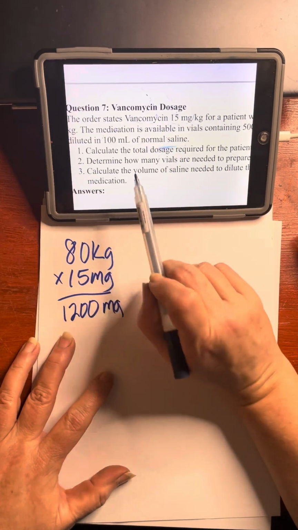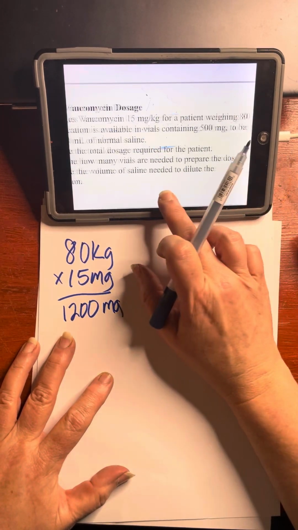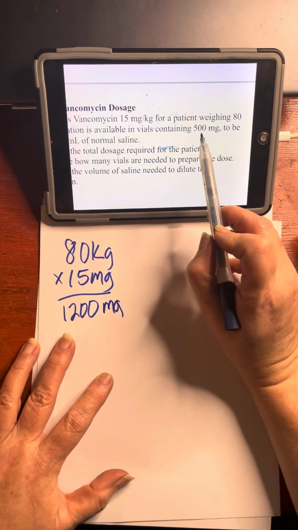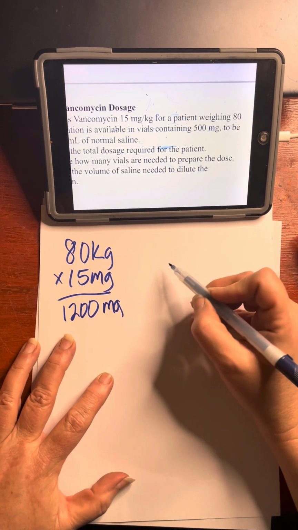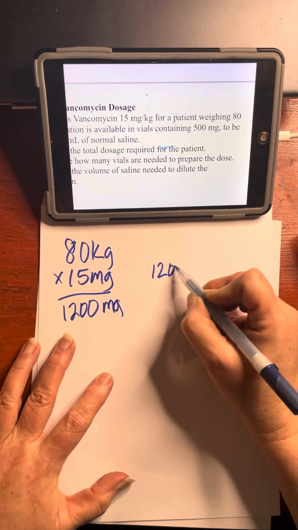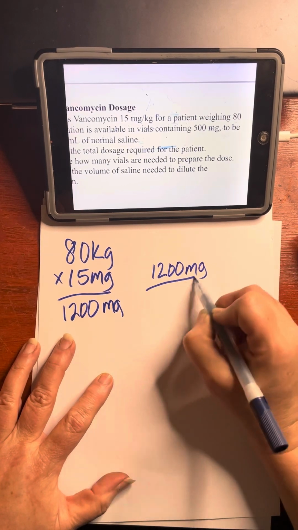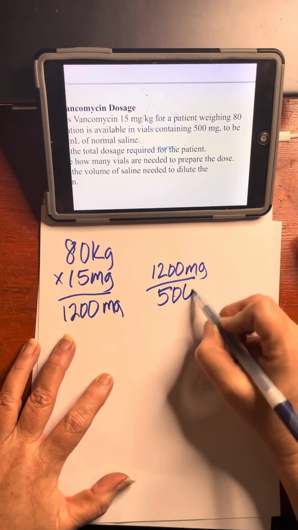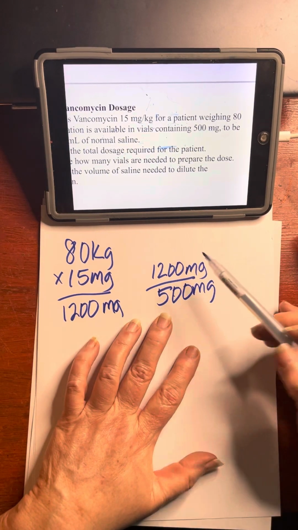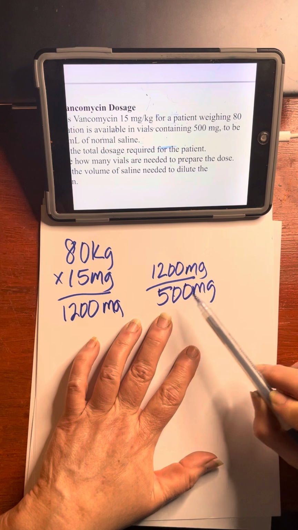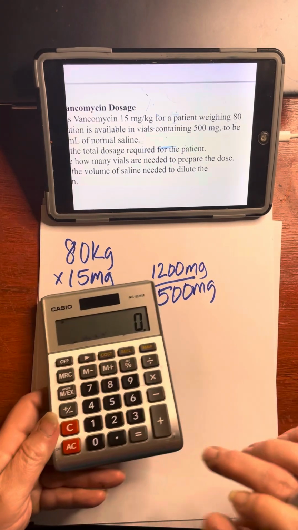Now, it says determine how many vials are needed to prepare. Each vial has 500 milligrams in it. So if we have 1,200 milligrams, we need to know how many of the 500 milligram vials we'll need. And so I'm going to divide 1,200 by 500.